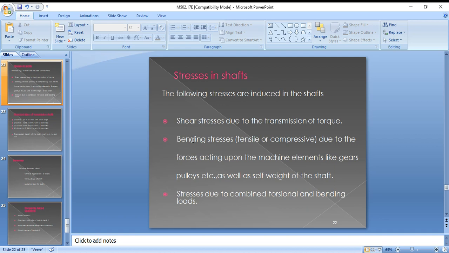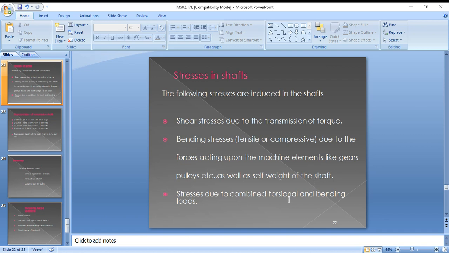It is supported only at the edges, so the self weight of the shaft can also produce bending stress. So shear stress is due to the transmission of torque, and bending stress is due to the external elements as well as the self weight of the shaft.